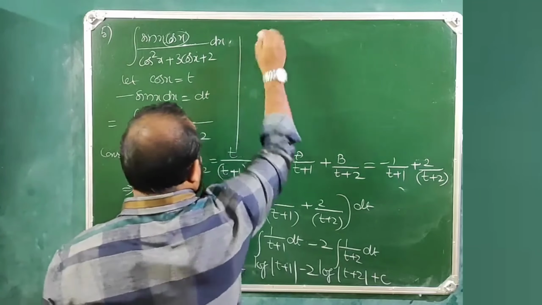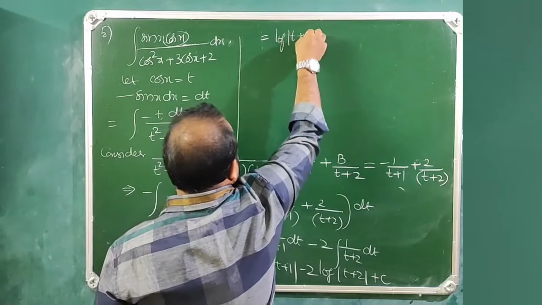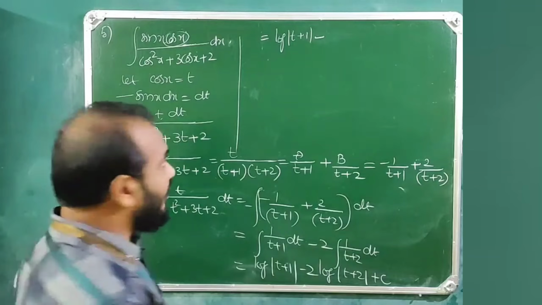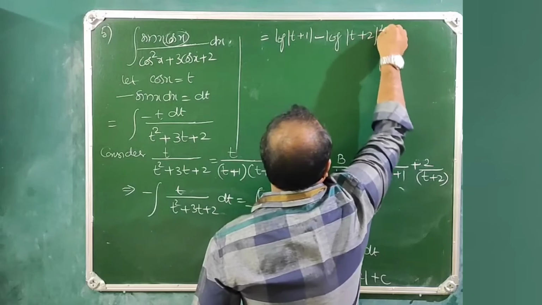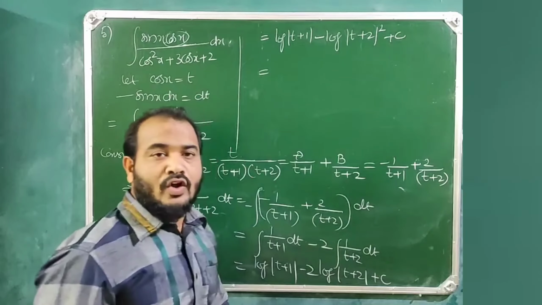So this is equal to log t plus 1 minus m log a is log a to the power of m. So log t plus 2 whole square plus c. Log a minus log b is log a by b.